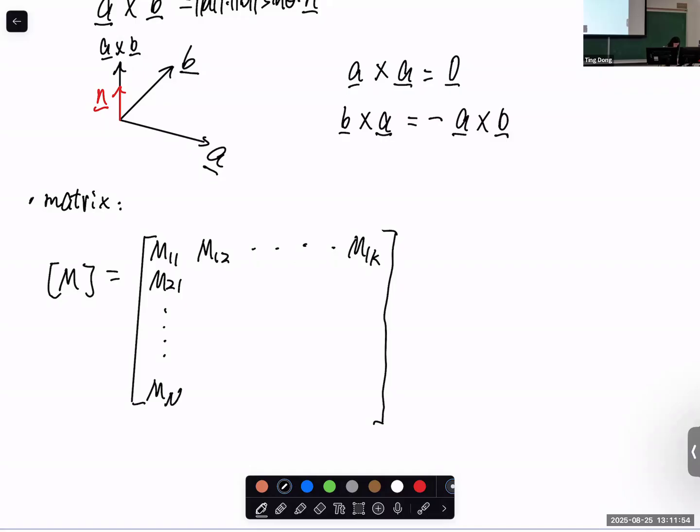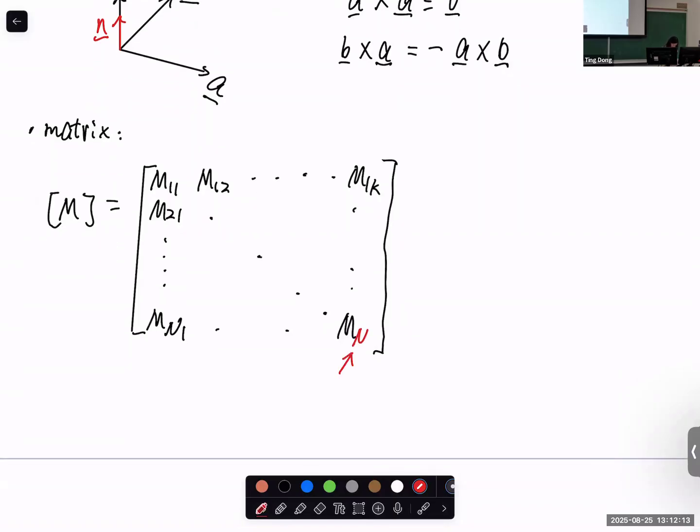I use n1, and the index here should become, the first index is, let's put as n, and this first one represents the row index, and the second index I put as k. So the second index is the column index.